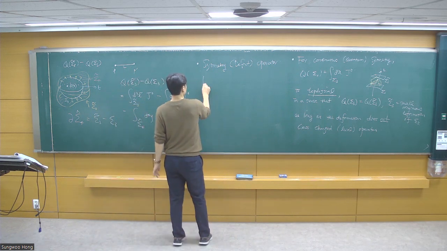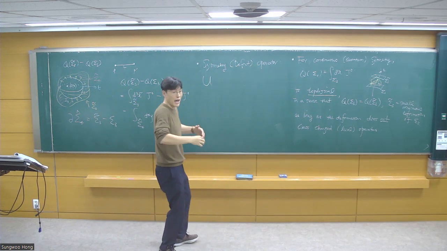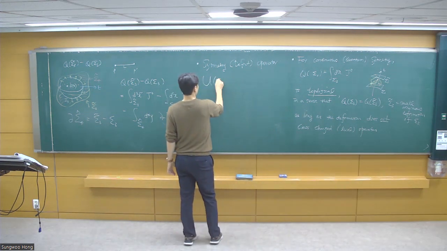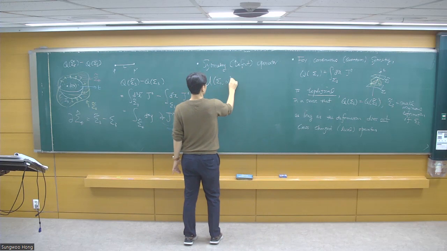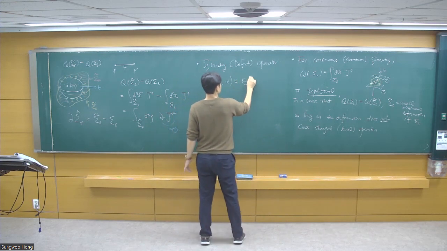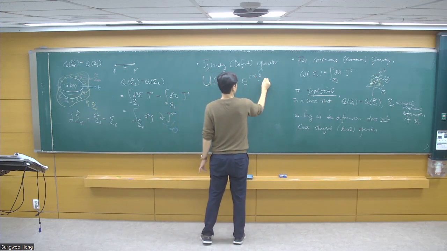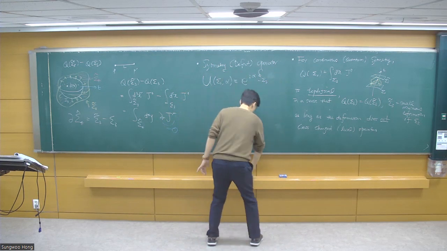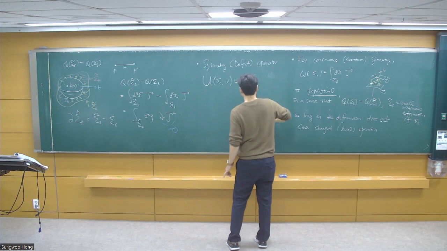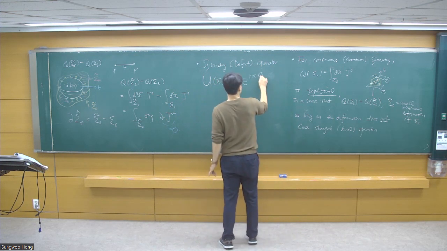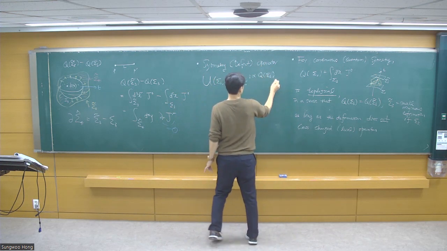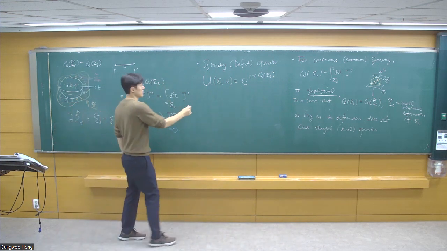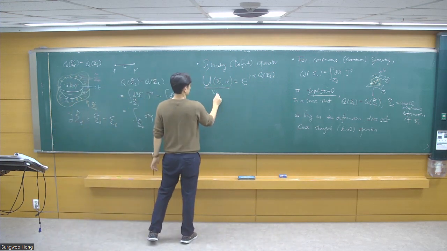Then I can construct the symmetry operator, which actually performs the symmetry transformation, defined by this. This is known as the symmetry defect operator.